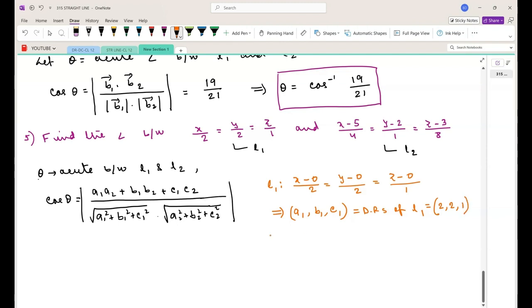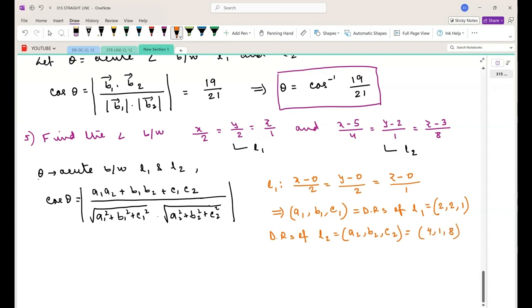Similarly, direction ratios of L2, which we are denoting by A2, B2, C2, will be 4, 1, 8.